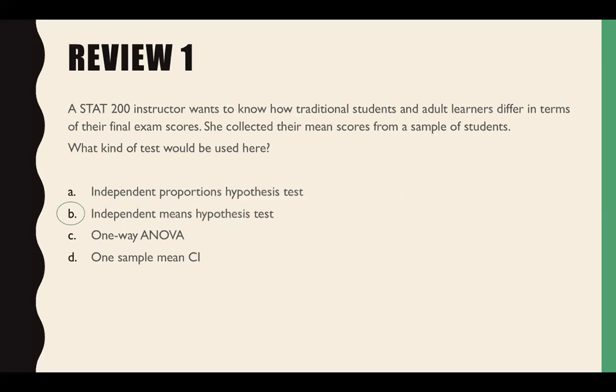We wouldn't use one-way ANOVA because we only have 2, we don't have more than 2. We wouldn't use one sample mean because we have 2 different groups here. And then it's just down to A and B, between proportions and means. We would be using a means hypothesis test because she's collecting the mean scores from the sample of students.